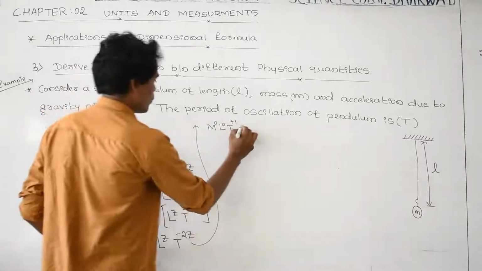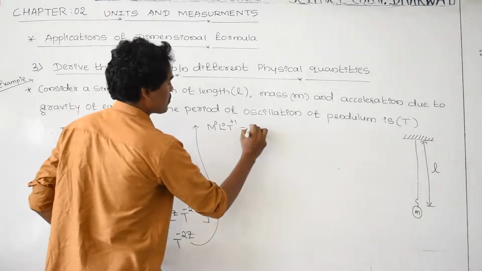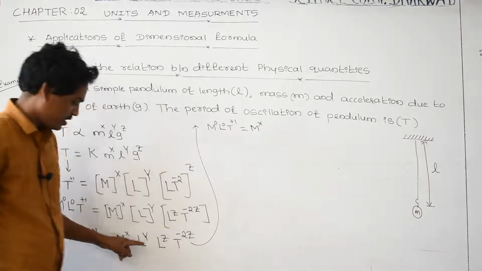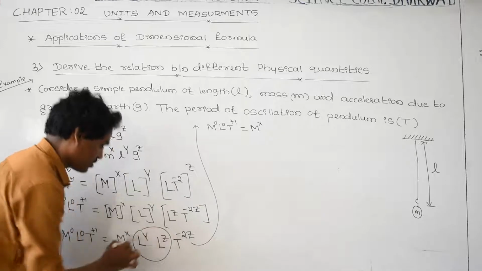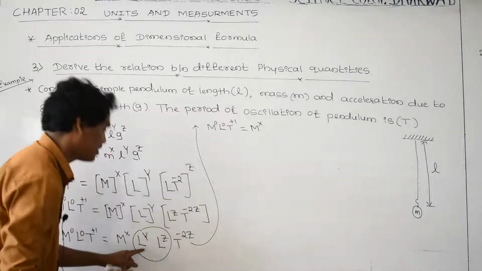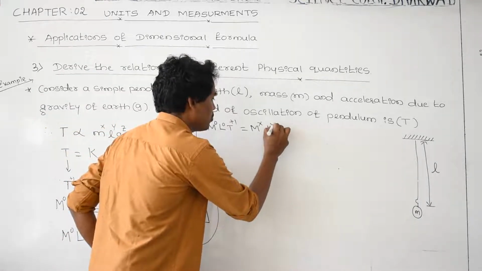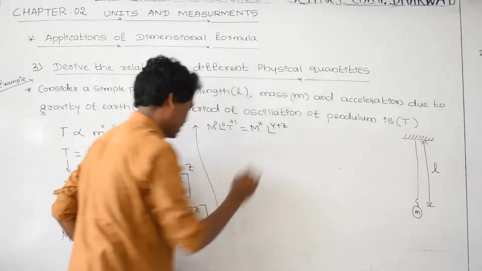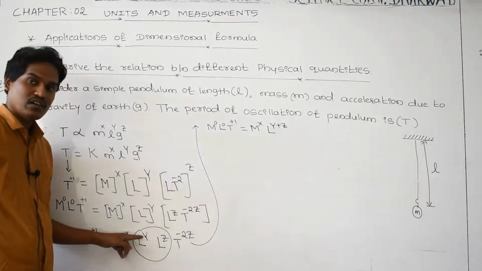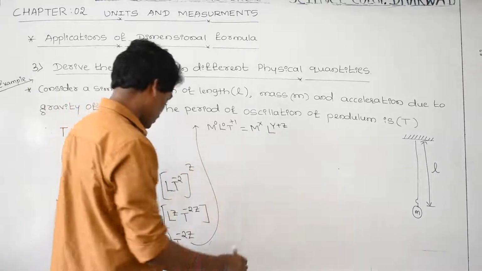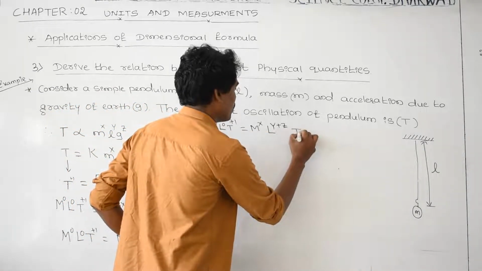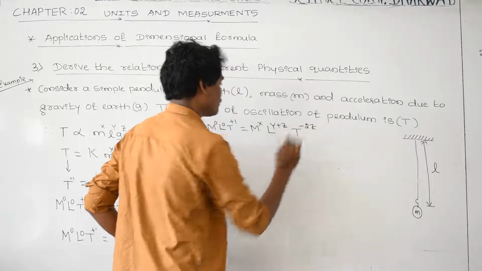This is equal to M raised to x as it is, and L raised to y, L raised to z. I am writing this term as L raised to y plus z. Base is same, add the powers, y plus z. Next, T raised to minus 2z.